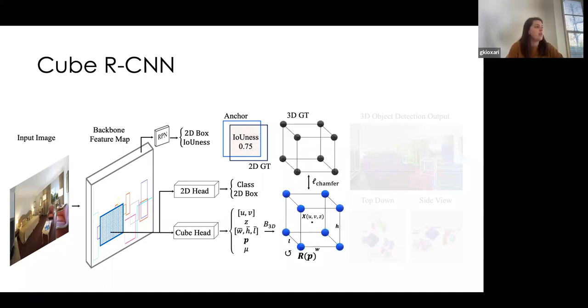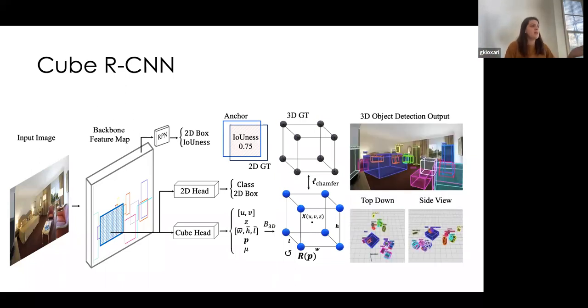The output is 3D object candidates, and we supervise the network with 3D ground truth and use a Chamfer loss. This is a point cloud loss where we treat the 3D objects as point clouds, where the points are the vertices of the 3D objects. And the result is being able to detect in 3D space.